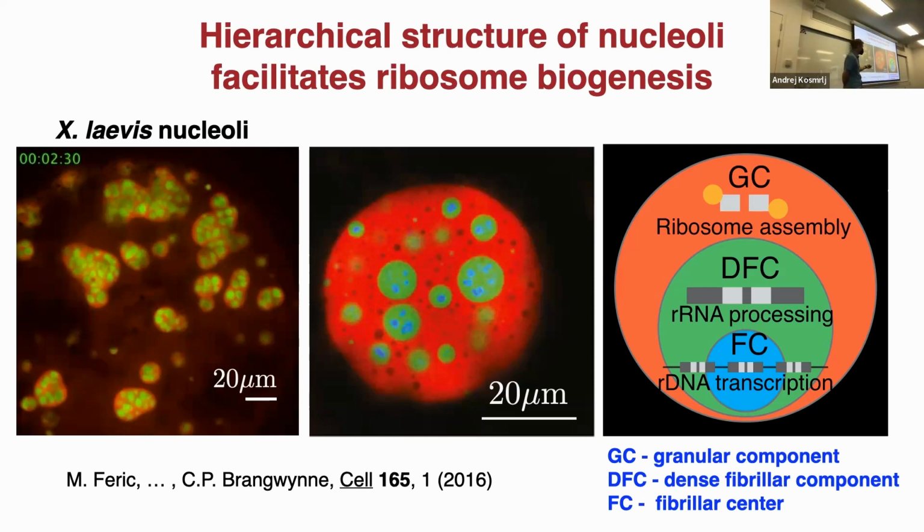So you see that this hierarchical structure guides this reaction and assembly process, and tries to facilitate it, right? And here is an experimental image of these nucleoli in frog egg cells.